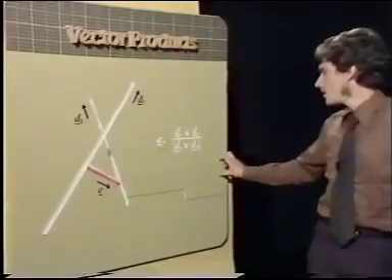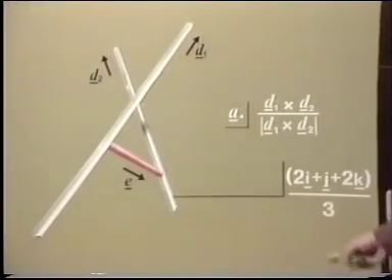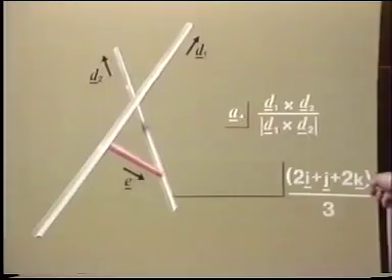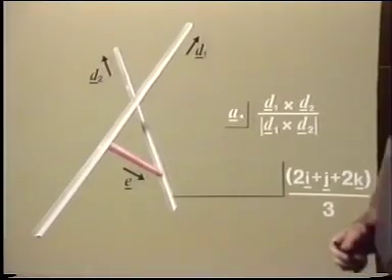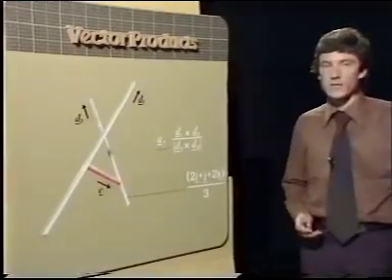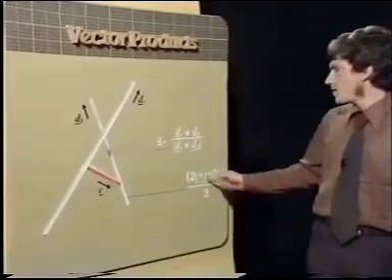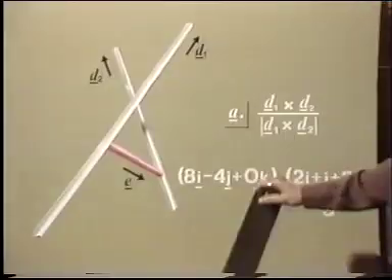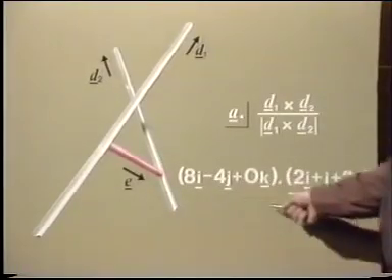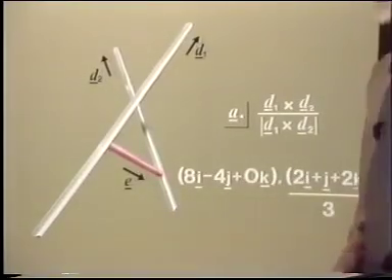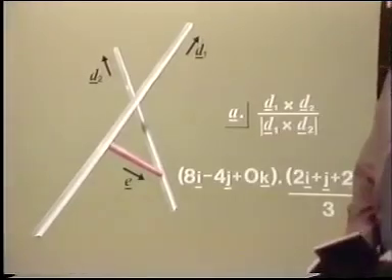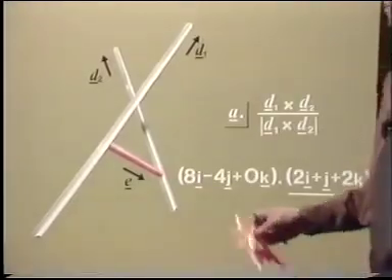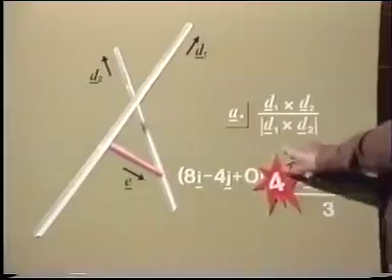What we get is this: 2i plus j plus 2k divided by 3. And now we have to take the dot product of that vector with the vector A. In other words, we have to work out this expression here. Well, after all this dotting and crossing and jumping about between skew lines, we finish up with the answer 4.